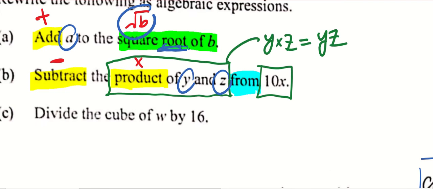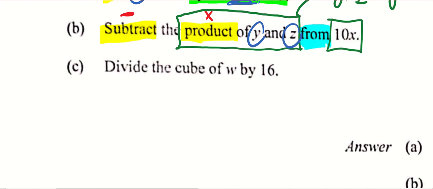Moving on. The first word that I see is divide, so I'm going to write down the divide sign. Divide what by what? Usually it's a triangle over square, you divide triangle by square. So I need two items here.